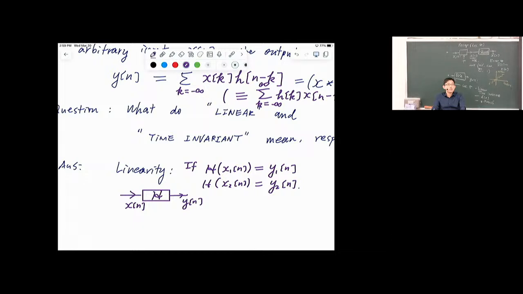Means when we linearly combine the input, the output also linearly combines in the same way with the same coefficients.